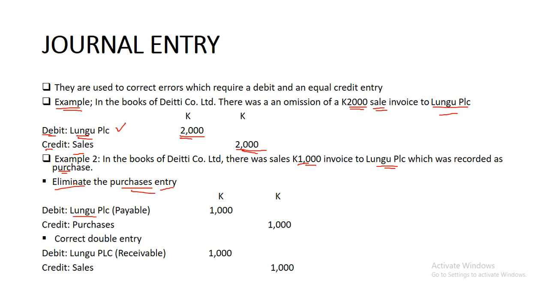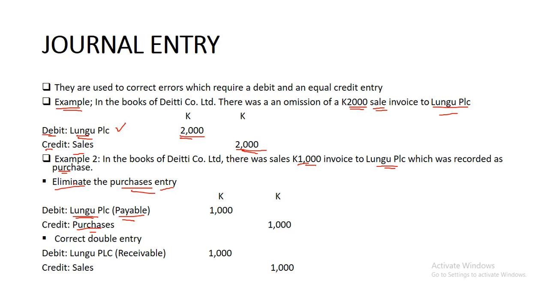So we need to debit the payables account, then we credit the purchases account, because remember, the purchases are always on the debit side, then the payables are always on the credit side. So for us to eliminate that error, we need to make the opposite entry. We debit the payables account, which is Lungu PLC, the personal customer account, and then we credit the purchases account. That way the purchases value is going to reduce. Why? Because the purchases are on the debit side.